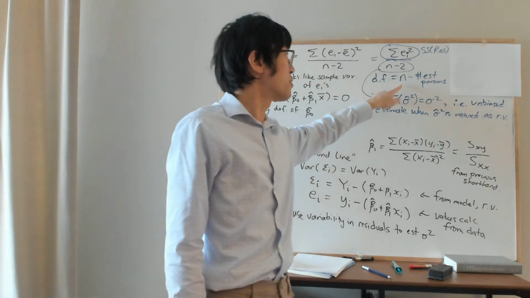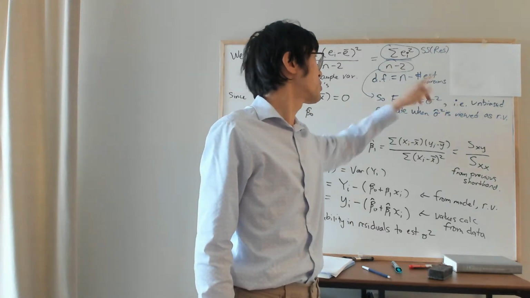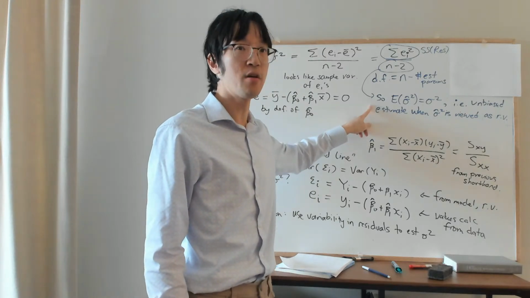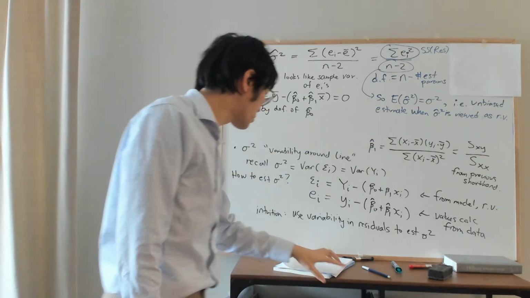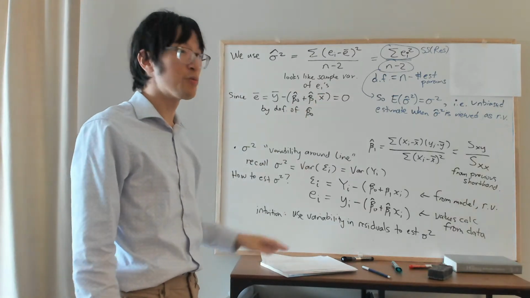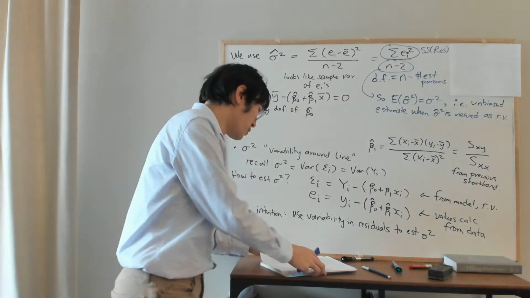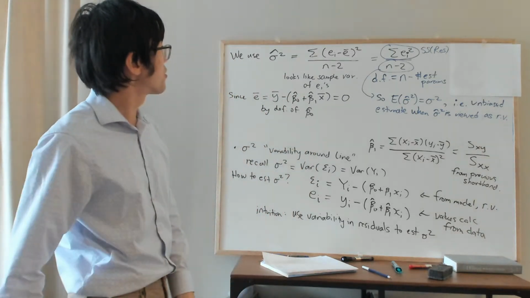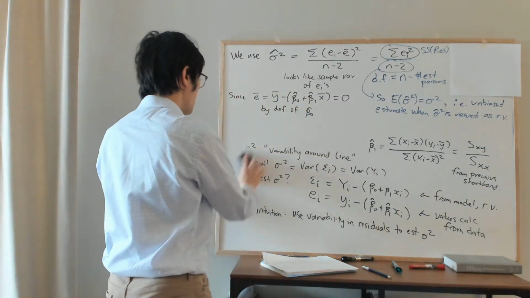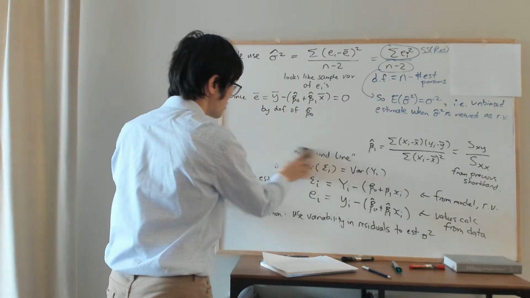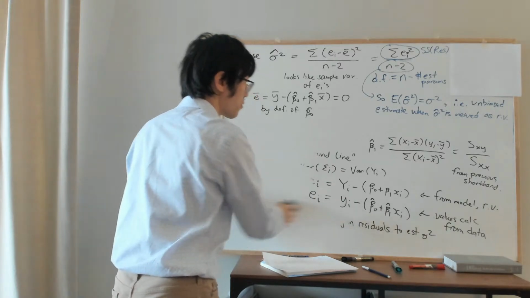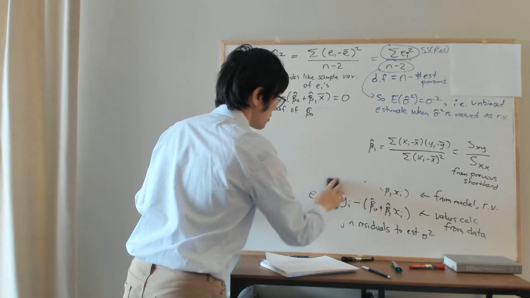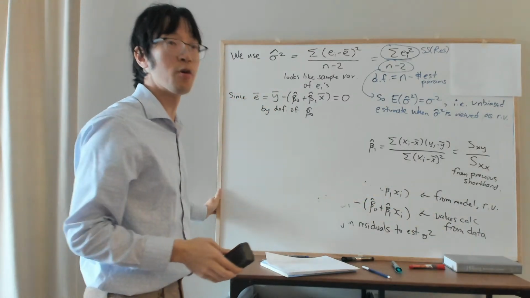Think of it as the number of observations minus the number of estimated model parameters, so that's beta 0 and beta 1, and it has the mathematical property that it gives us an unbiased estimate for sigma squared. We're going to generalize and talk about degrees of freedom a little more when we do the linear algebra behind multiple linear regression. So those are the 3 parameters, and I've given you some interpretation and intuition for how we use them. We have the intercept, the slope, and then a measure of the variability.